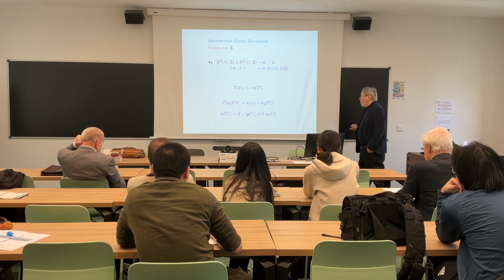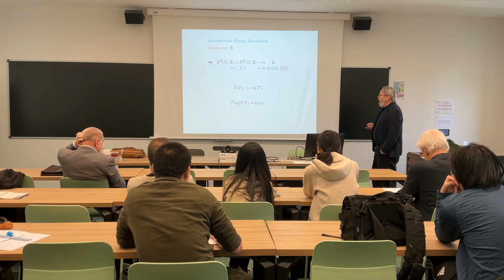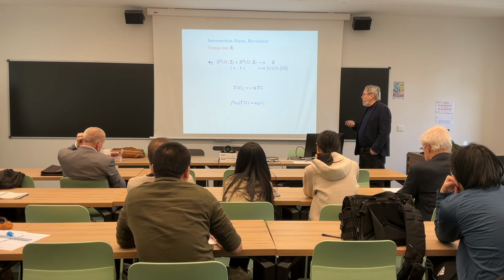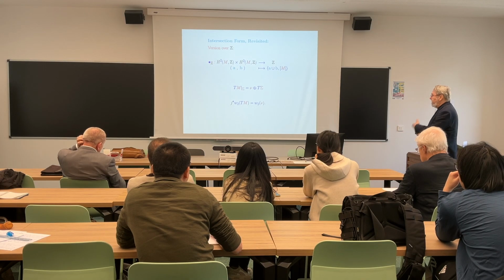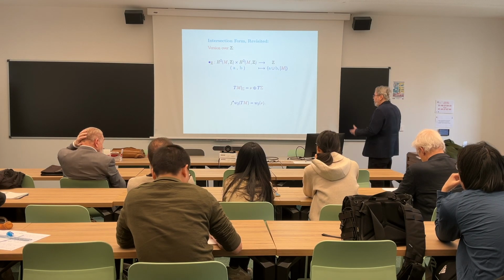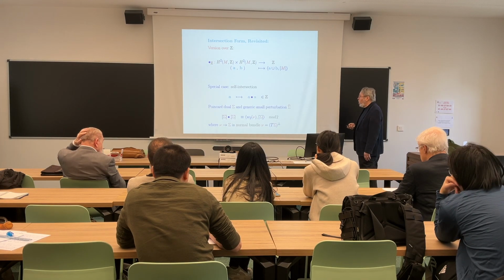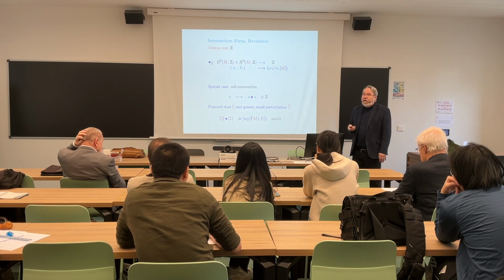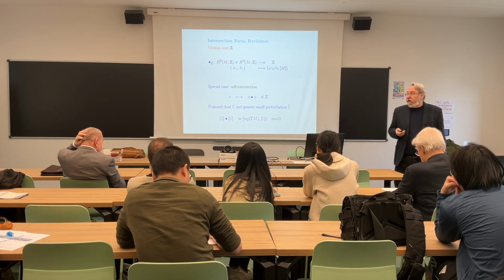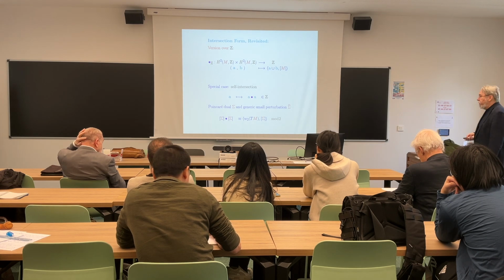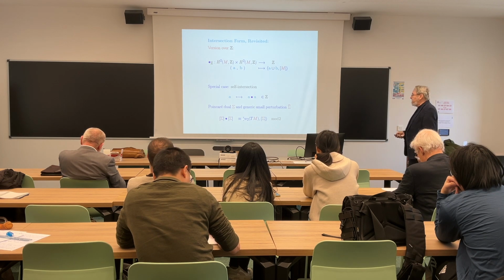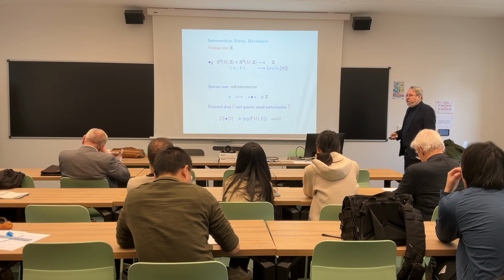That's 0 mod 2. So in fact, you find that the second Stiefel-Whitney class of the ambient four-manifold restricts to the surface as the second Stiefel-Whitney class of its normal bundle. And now that gives a very, very important interpretation of what the self-intersection of a surface mod 2 is. It's the same as the second Stiefel-Whitney class paired with the surface.